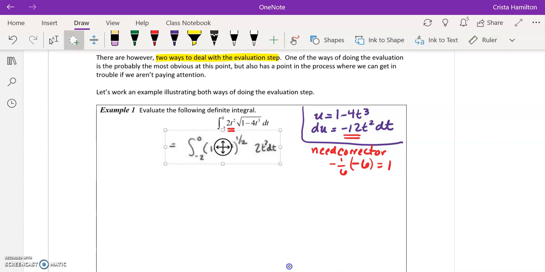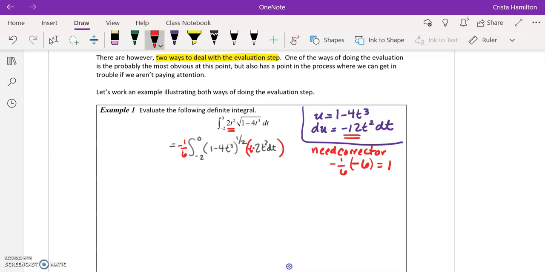Now I'm going to add in that corrector that I need. I'm going to multiply by negative 6, which means I need to put a negative 1/6 on the outside. That sets it up and gets us ready for our u substitution.